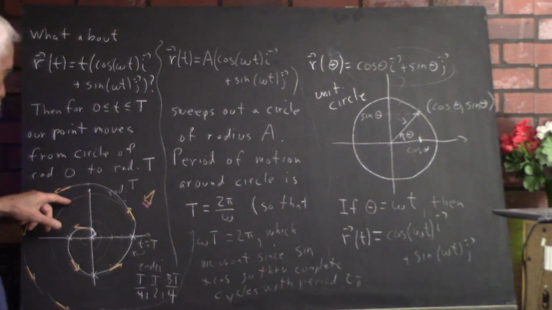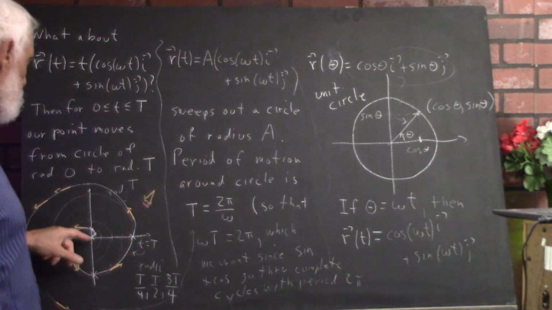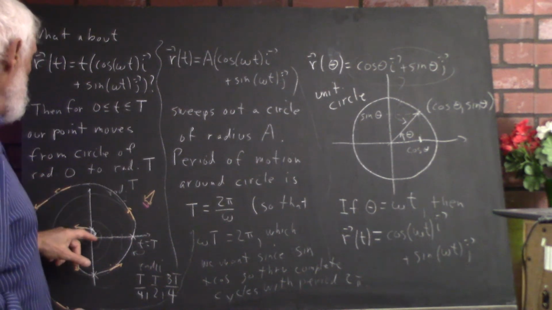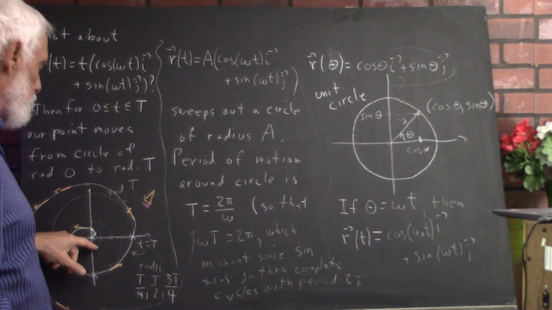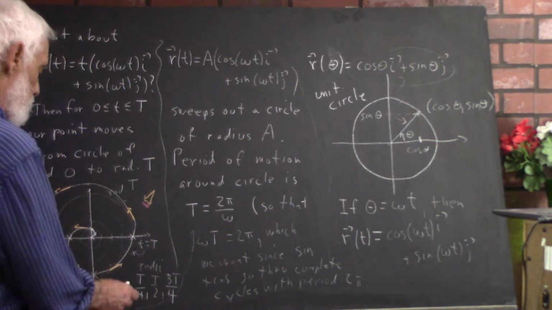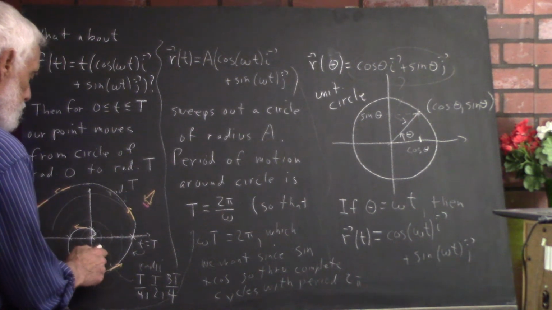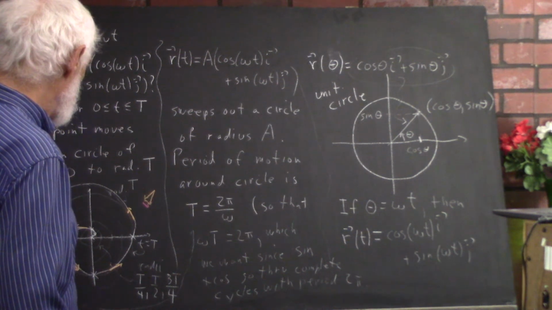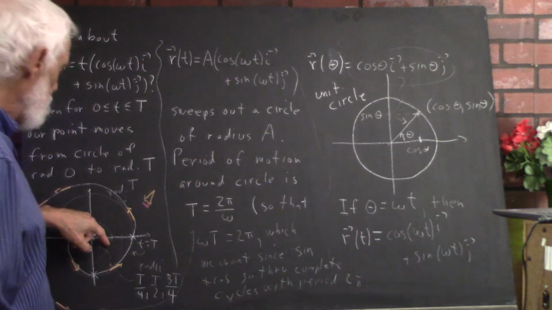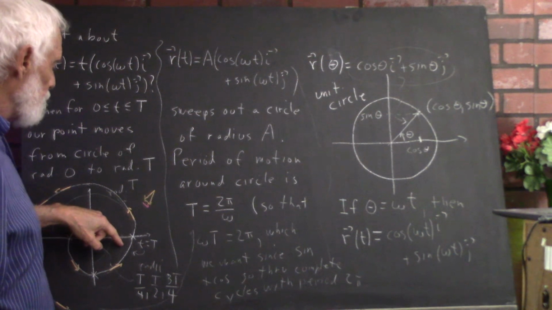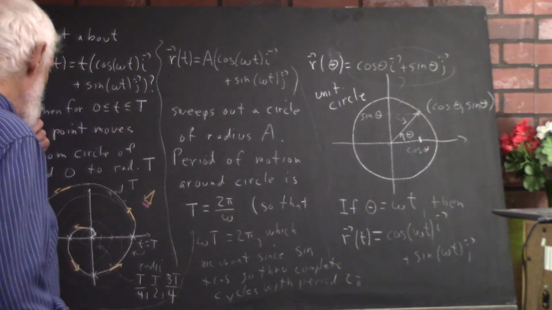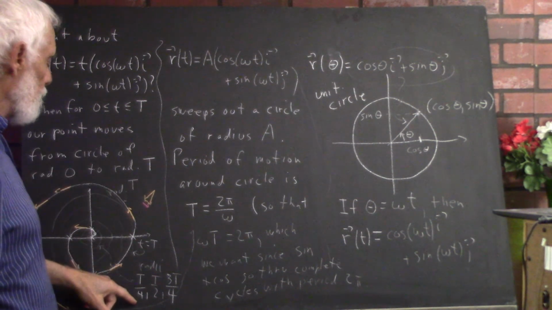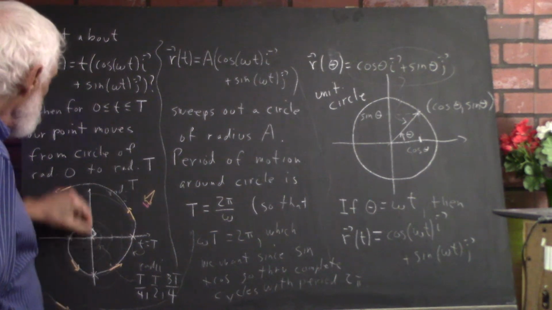So I've drawn 4 concentric circles, actually a 5th one. Here's the first, second, third, fourth that I drew, and this circle here corresponds to T over 4. And then this one to T over 2, this one to 3/4 of T, and this one to T. When the time is big T over 4, your angle is going to be pi over 2.